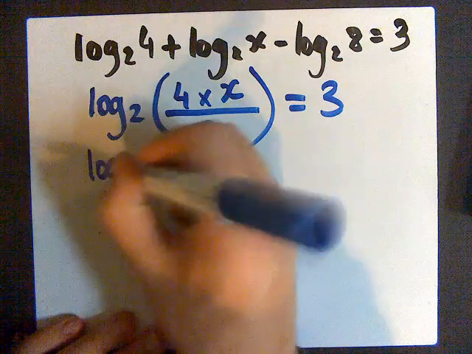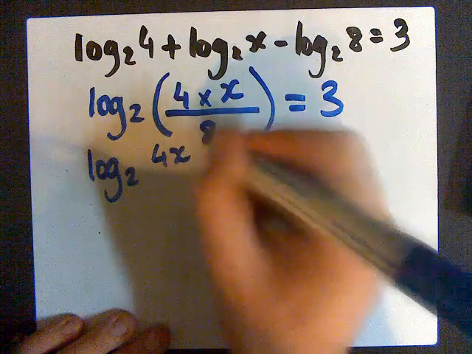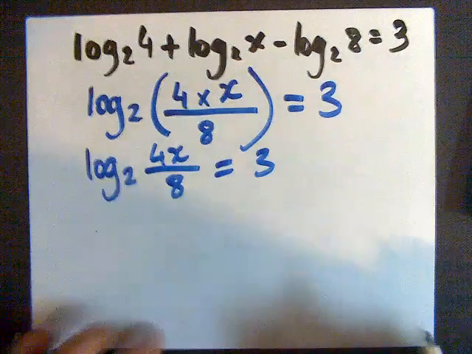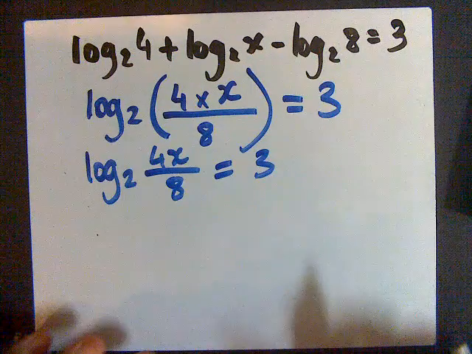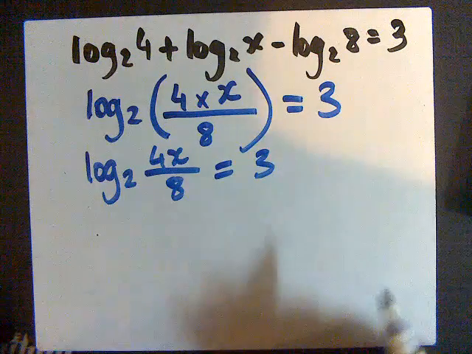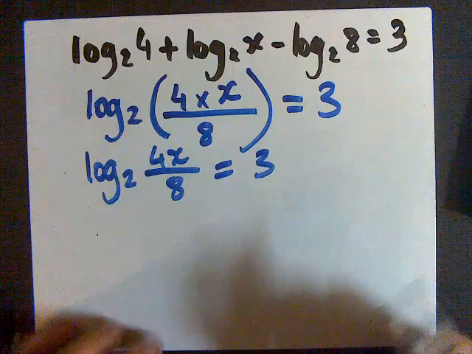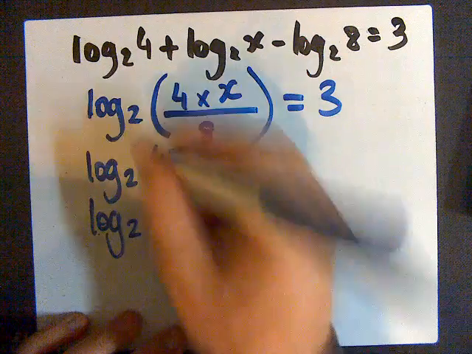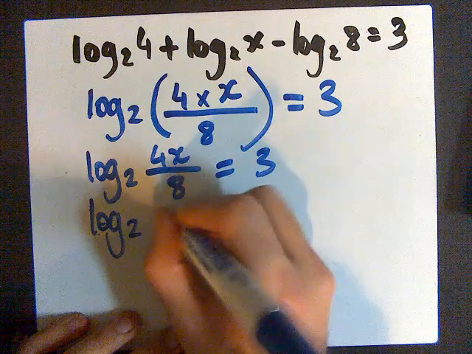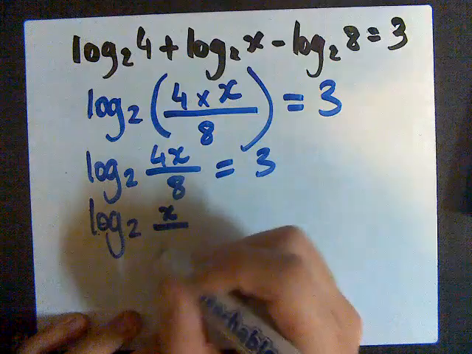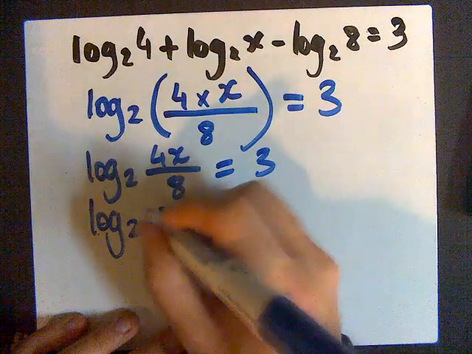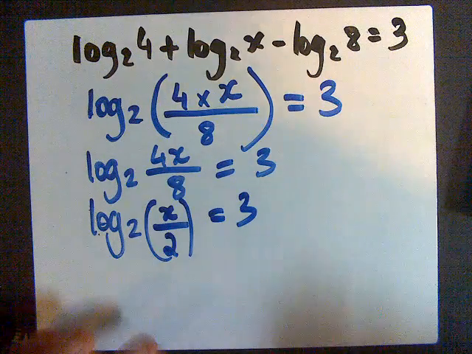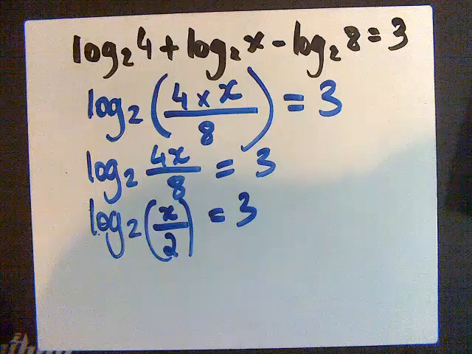This ends up being log base 2 of 4x over 8 equaling 3. Pretty straightforward. So if I work this one out, it ends up being log base 2, so divide both by 4, becomes x on 2 equaling 3. Now, this looks like something I can work with.